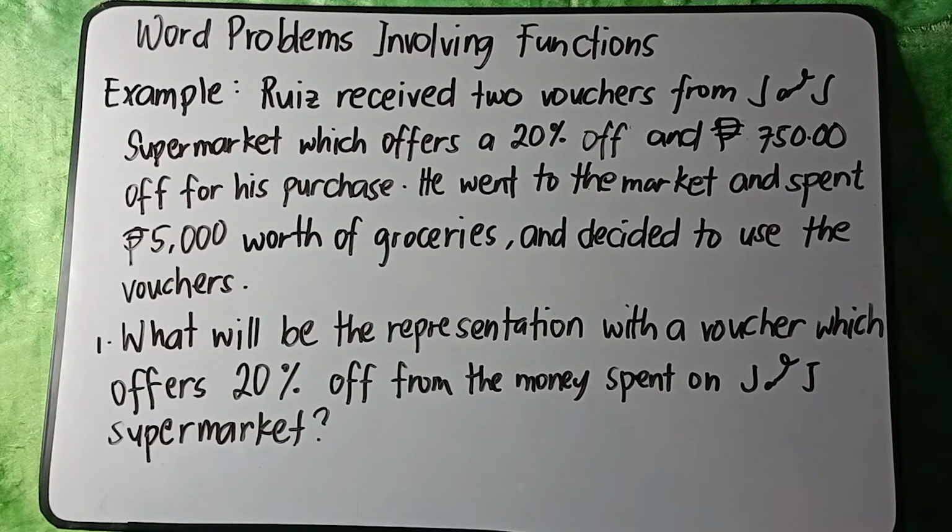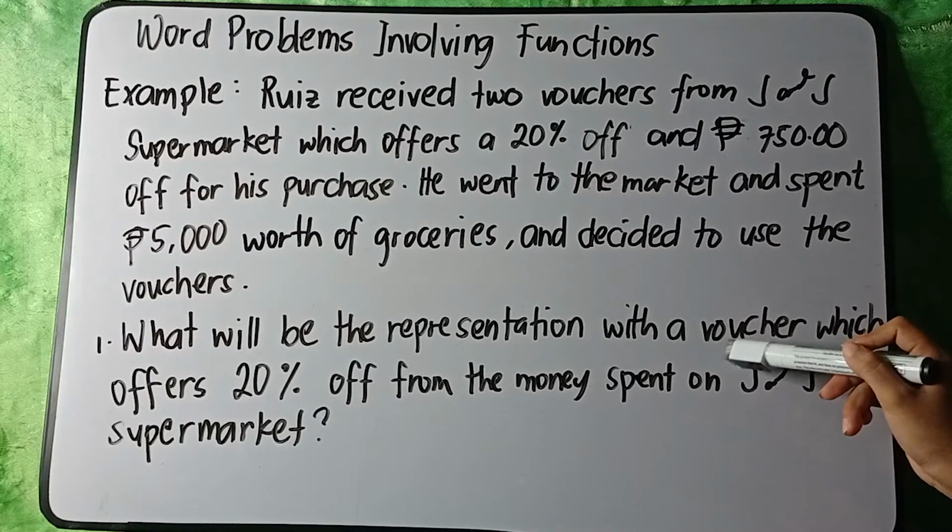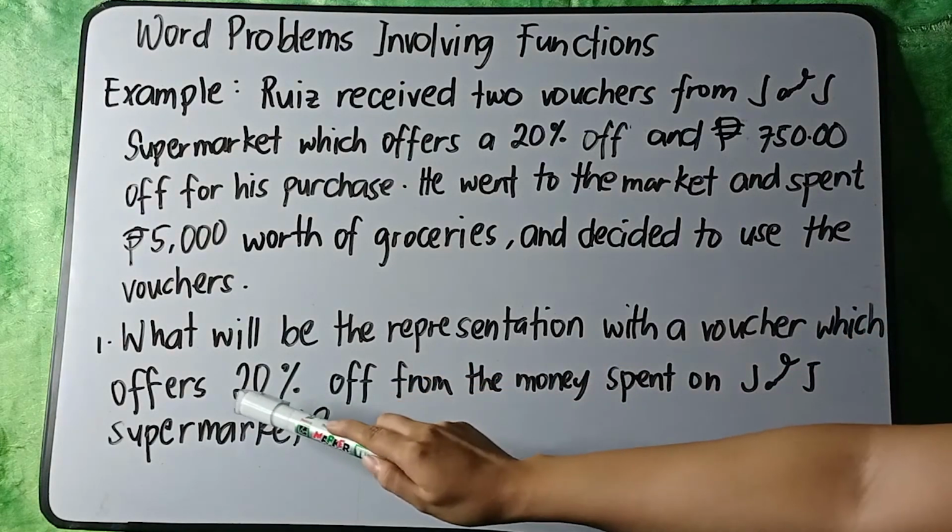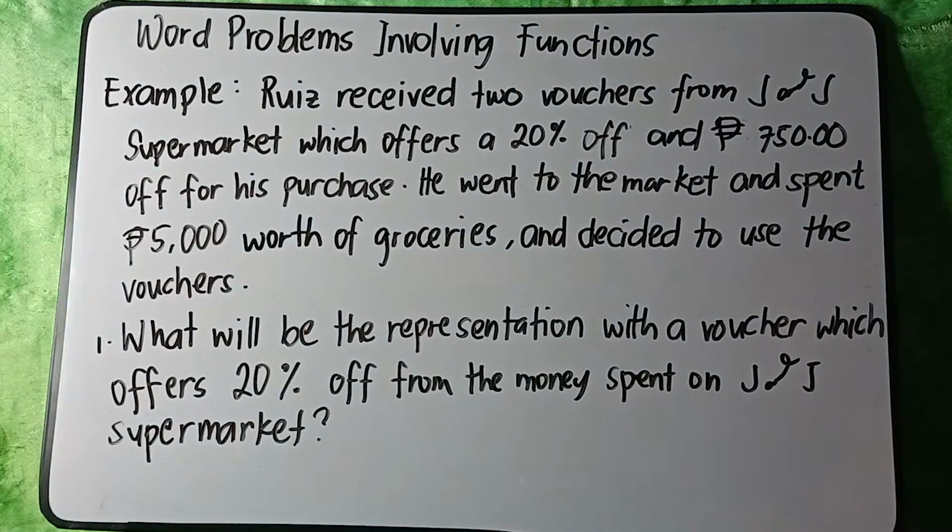First question: what will be the representation with a voucher which offers 20% off from the money spent on J&J Supermarket? So, we are going to write the function that will represent the voucher, which is 20% off. Let's say that our x here is the amount spent.